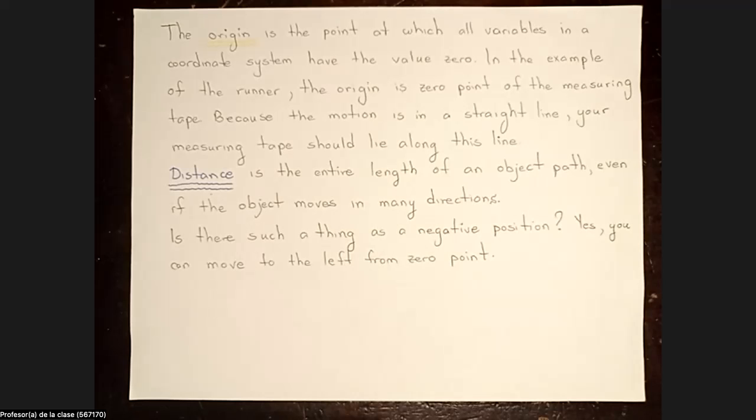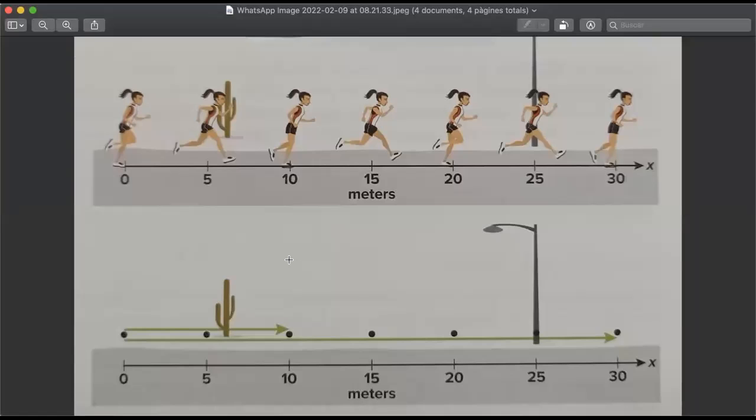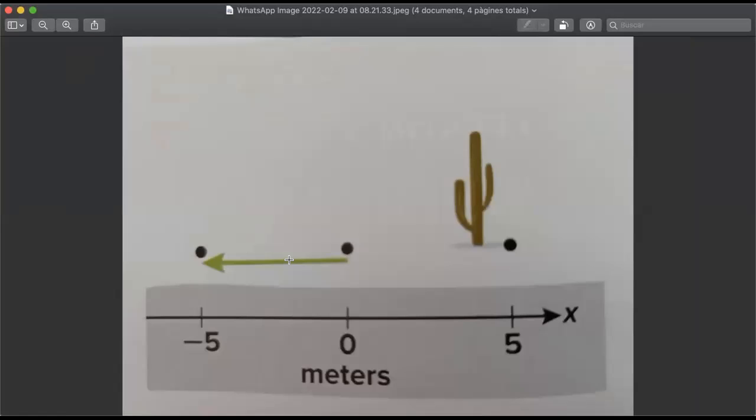You can move to the left from the 0 point. And I will show you that in my imagination. So look at this. I have the 0 point, my origin, and position can be negative if I move to the left from that origin point, okay?